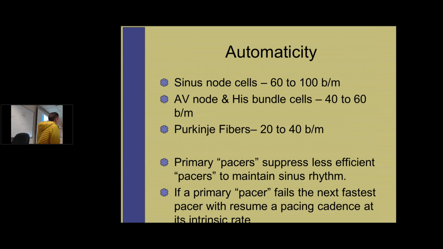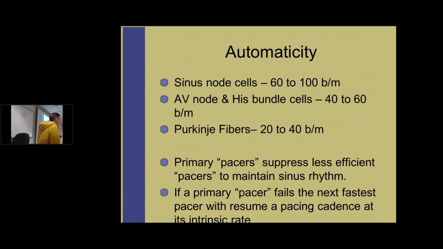You'll get into this more when we talk about EKGs. But first degree block is a problem with the electrical system from the sinus node to the AV node, because the AV node begins the ventricular contraction and the sinus node begins the atrial contraction.